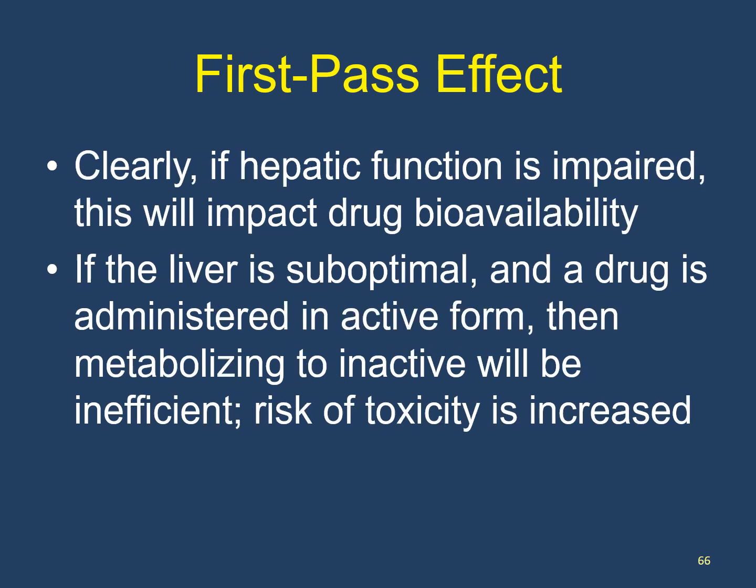So clearly then, in the patient with impaired hepatic function, this can have some significant impact on bioavailability. What's the second bullet point say? If the liver is suboptimal and a drug is administered in active form, then metabolism will be inefficient and a higher amount of drug will reach circulation.